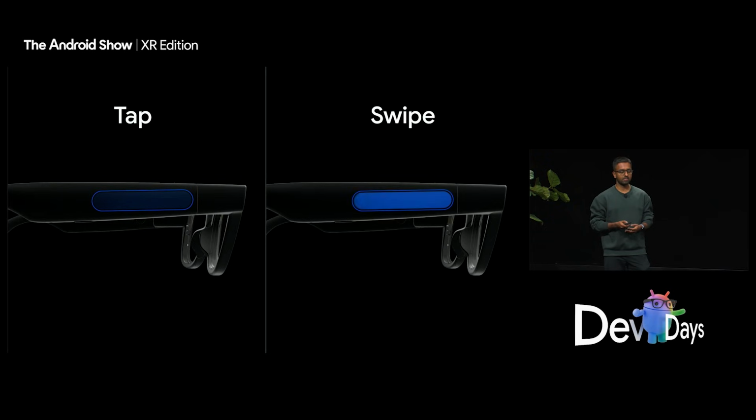Let's start with the input. Every component we've designed is pre-wired for glasses-specific gestures, like swiping and tapping on the touchpad. This means your apps work seamlessly across different hardware configurations and manufacturers without you needing to write custom gesture logic.